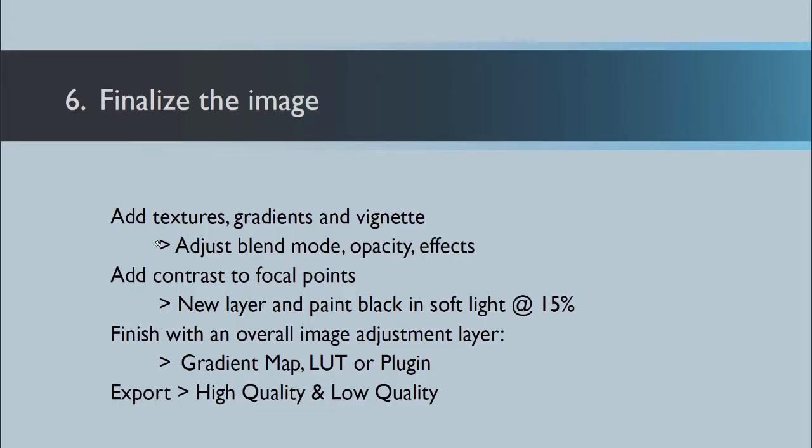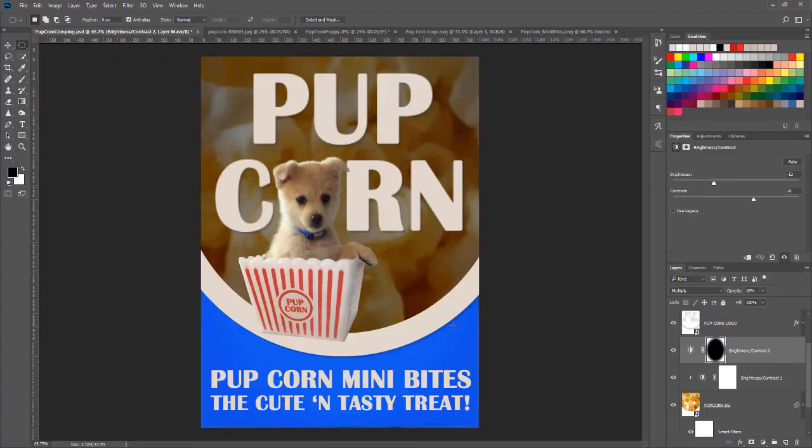What else do we want to do? Add contrast to focal points. So what I do here, just like I painted on the box of the dog, is create a new layer and paint black in soft light at 15%. And what that's going to do is give us a little more contrast.